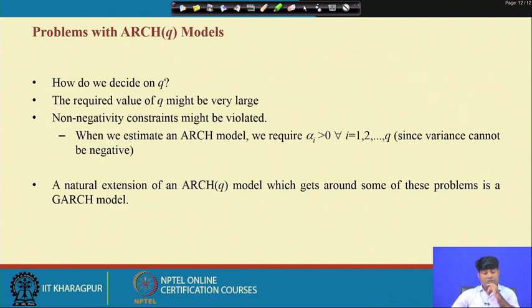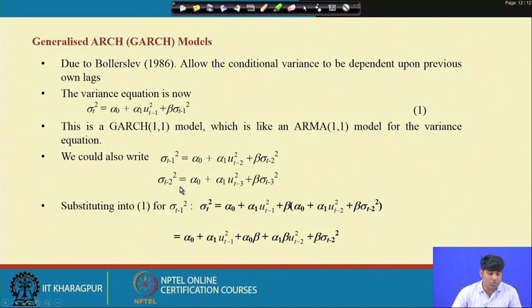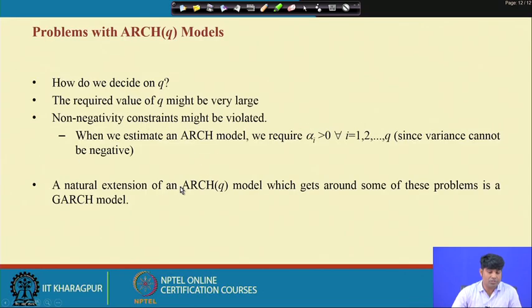Since the variance cannot be negative, that is a big piece of information that you need to have before you apply this model for engineering forecasting and decision-making requirements. And a natural extension of the ARCH model which gets around some of the problems is connected with what are called GARCH models, right.